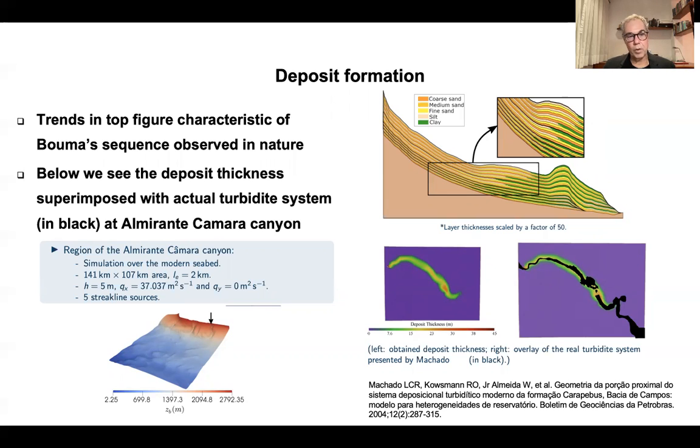And on the right below, we see the deposit thickness, superimposed with what was really observed by Petrobras in 2004, published in Portuguese and in an internal report. So we see a pretty good agreement in our simulation. It is a multi-scale coupling of stratigraphy and a shallow water flow simulating a turbidite current.